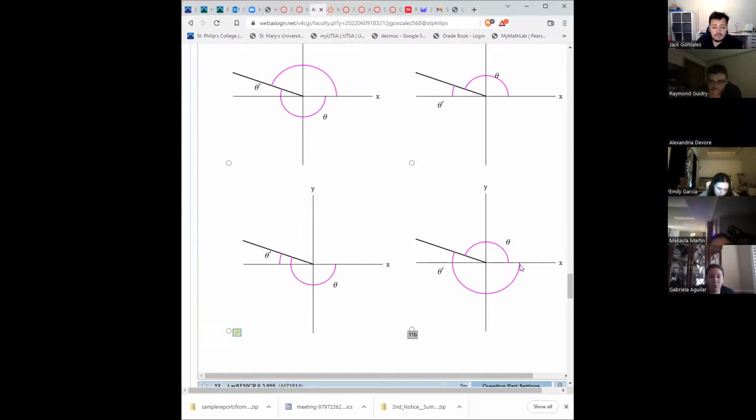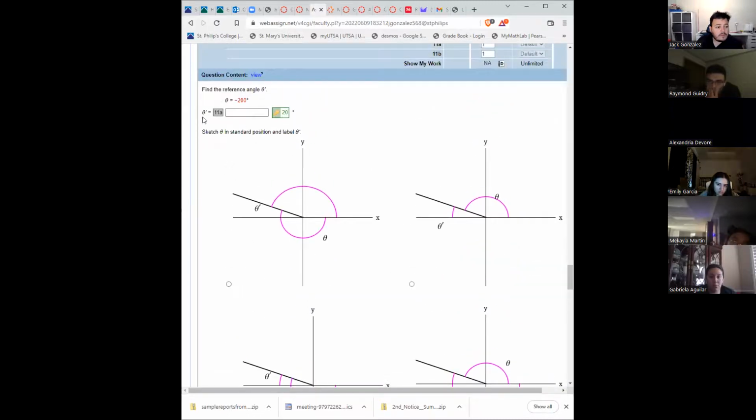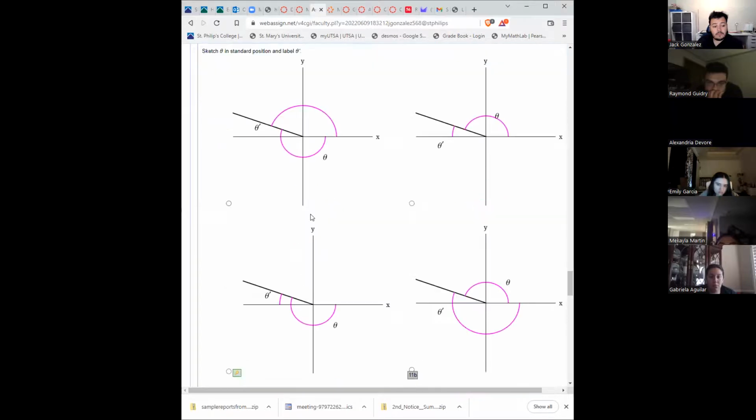So it has to be going this way. Or actually, their theta prime is the reference. Theta is the normal angle. So this has to be going this direction or this direction for theta. Can't be this because these are positive angles, right?